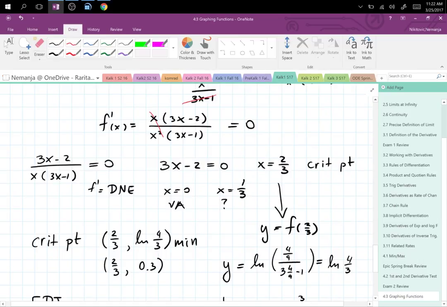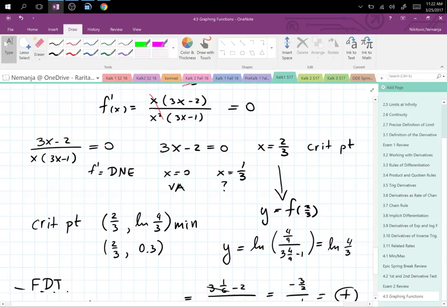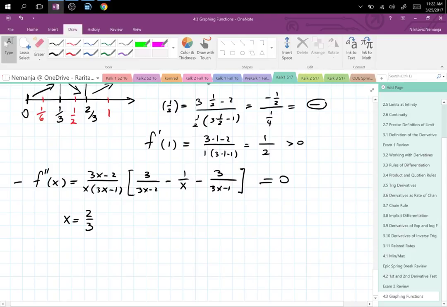Eli, you made this problem extra spicy. Concavity. So this point cannot be min or max. But from this term, I'm getting that 2/3 is an inflection.